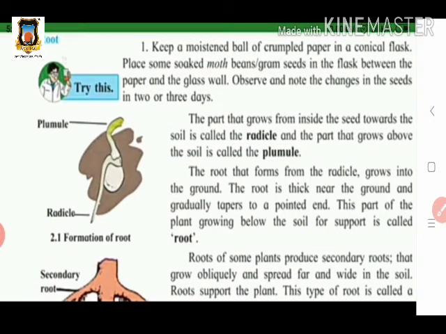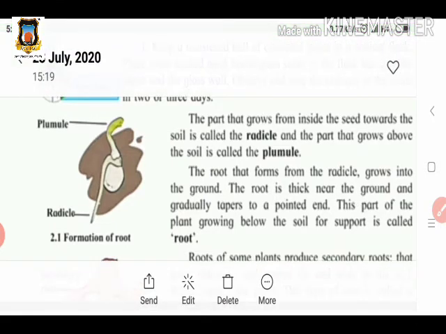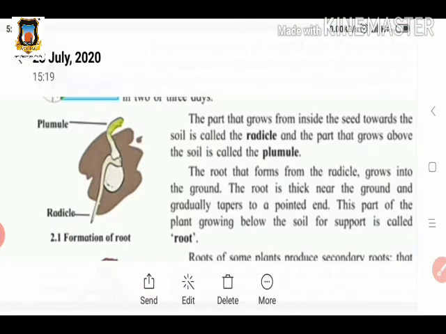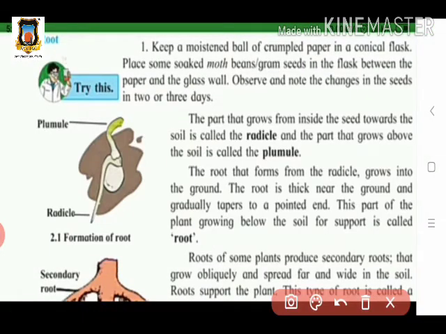So here we see in your textbook also, by doing this activity, in this picture, if we see this is the seed. Okay, so the part that grows from the seed towards inside the soil is called radicle.